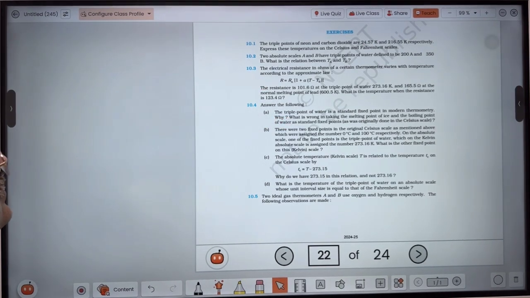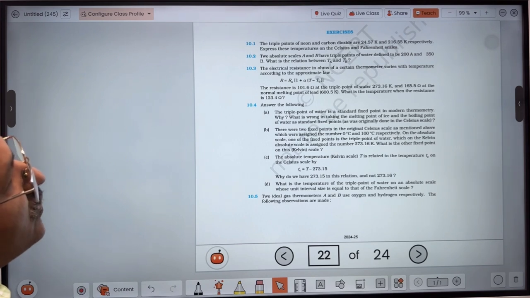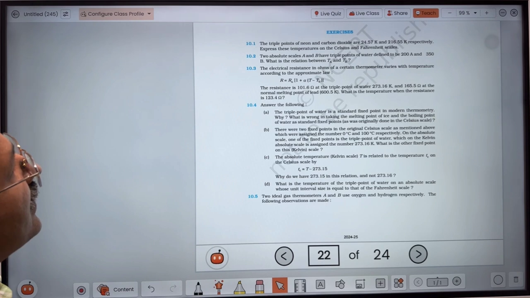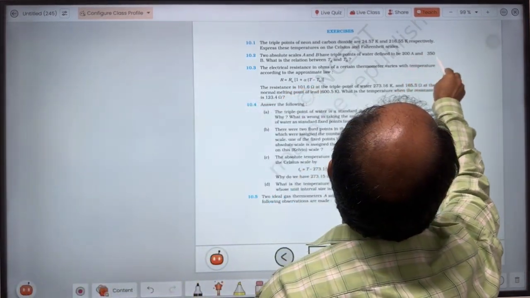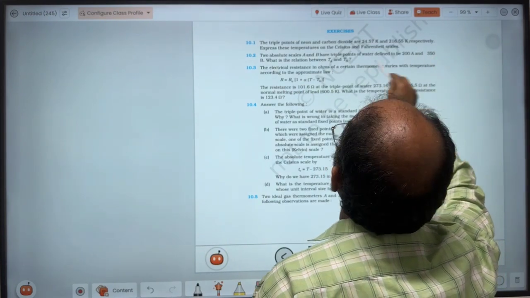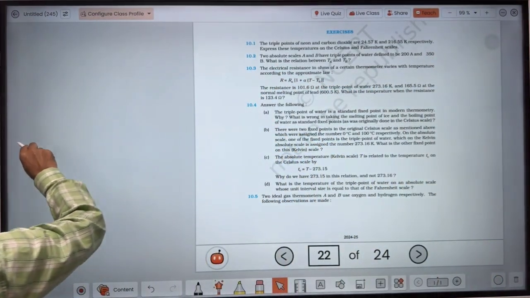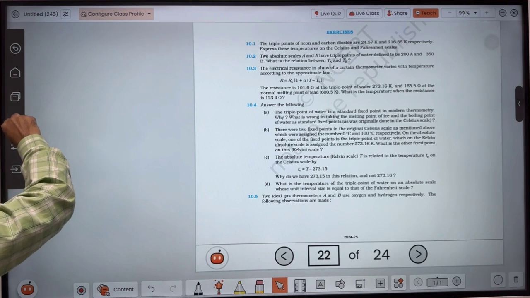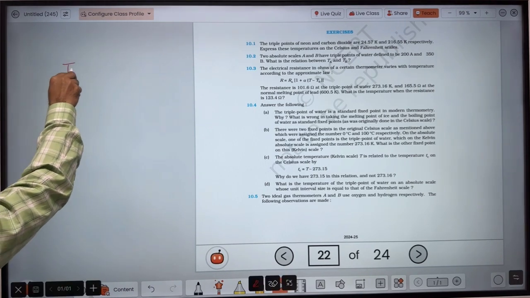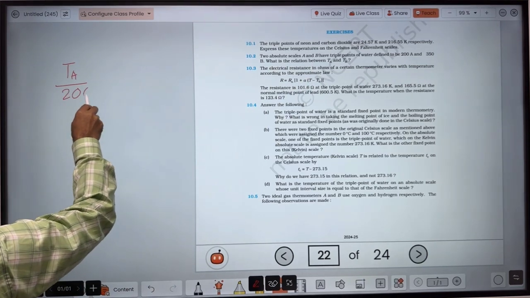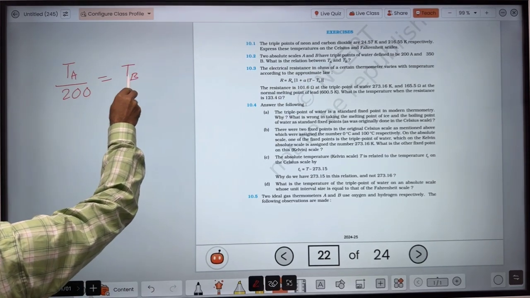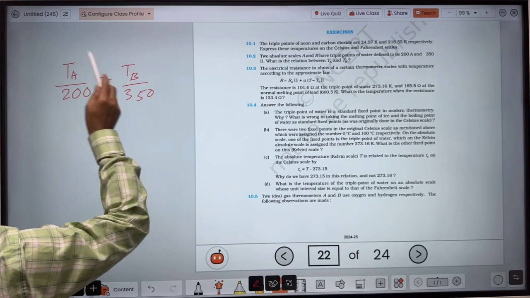Now let's see the second question. Two absolute scales A and B have triple points of water defined to be 200 A and 350 B. What is the relation between TA and TB? So in the first it is 200 A, in the second scale it is 350 B. So you can say TA upon 200 must be equal to TB upon 350.